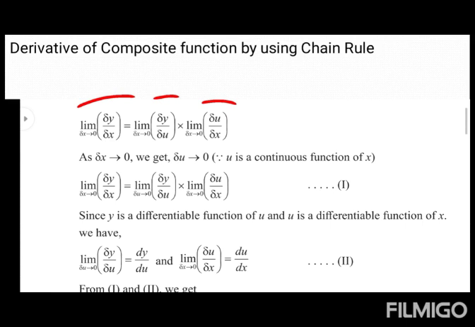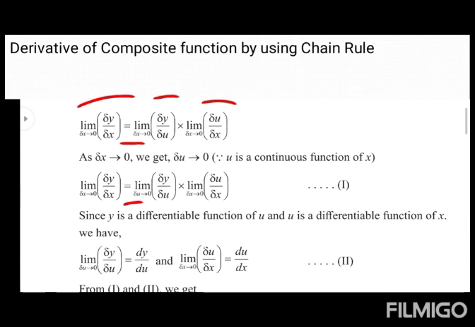What I told is that del x, del u and del y are all small increments in the corresponding variables, and all tend to 0. So instead of del x we can replace it with del u, because both tend to 0 only. The limits of both variables are the same. So here, instead of del x, we have used del u.